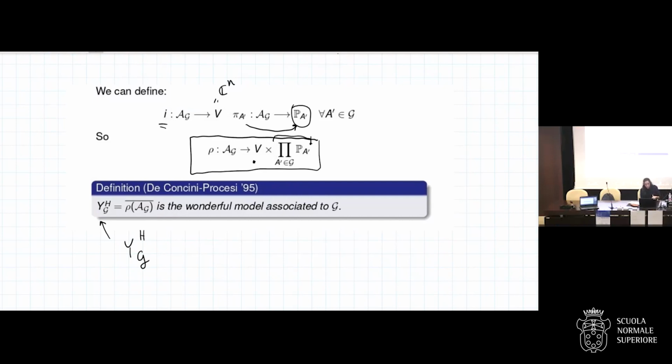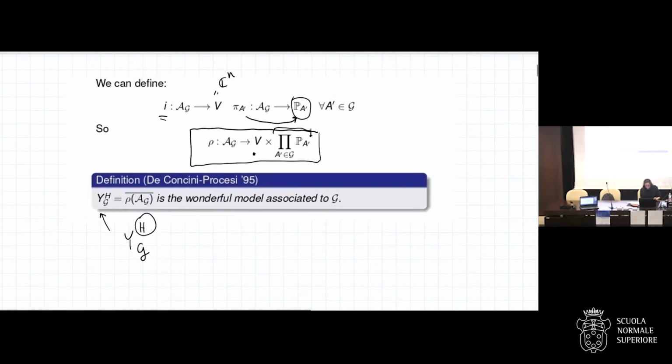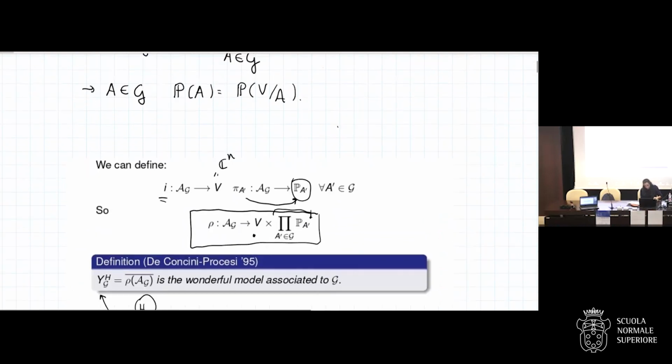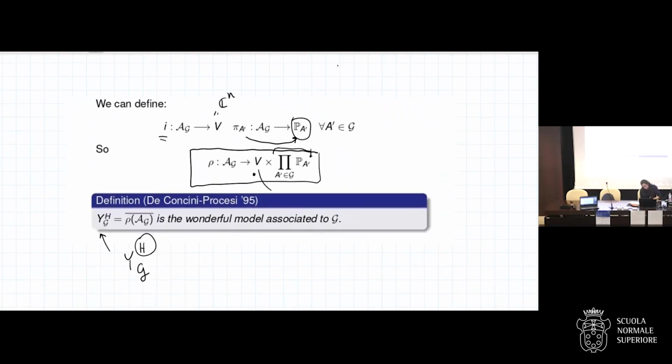The H we are writing here is just to remember that we are in the hyperplane case, because later in this talk I will talk about wonderful models defined for a toric arrangement, and then you will find a T in place of the H. What we actually work with is the projective wonderful model associated to this arrangement, which has a very similar construction, but we take V to be a projective space. But all I will say holds the same way.